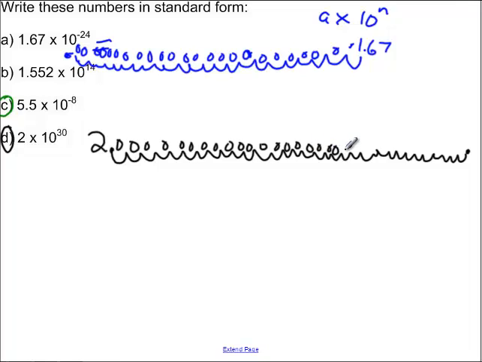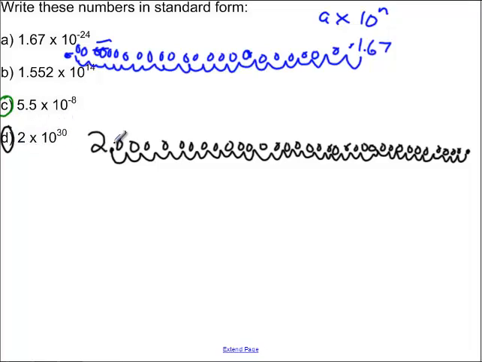Don't worry, I'm not going to ask you to write a number like this on a test. I'll make it easy enough to write down, something like that, moving it 8 spots or 14 spots, because otherwise I've got to count all these zeros as well. Here in black is our standard form number, but our shorthand is the scientific notation right there, and that sure is a lot nicer to write than this.